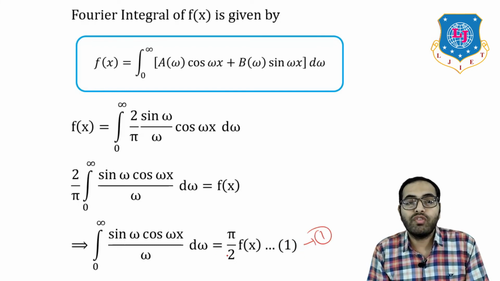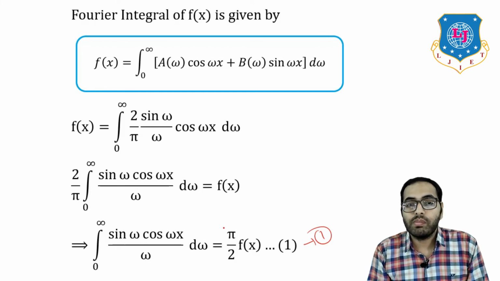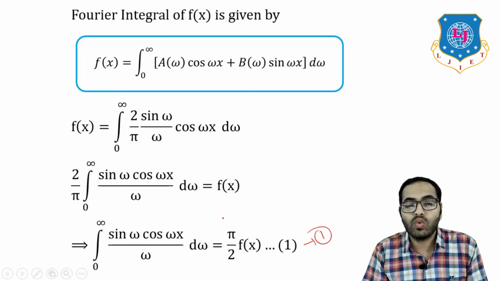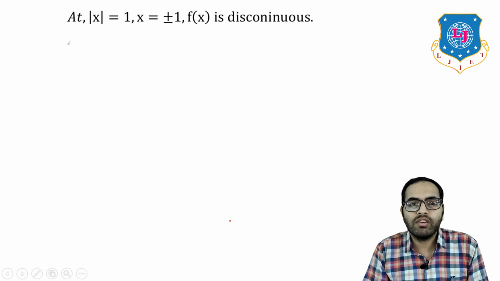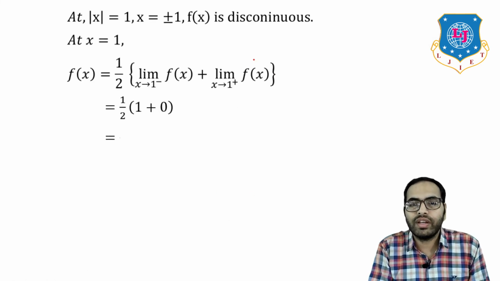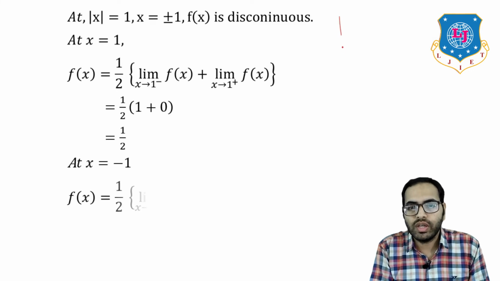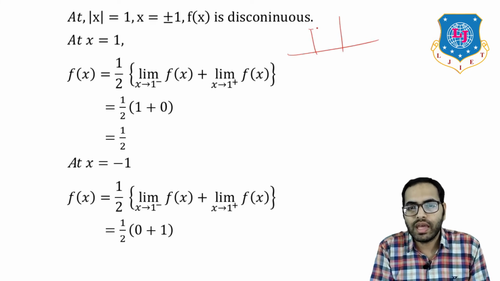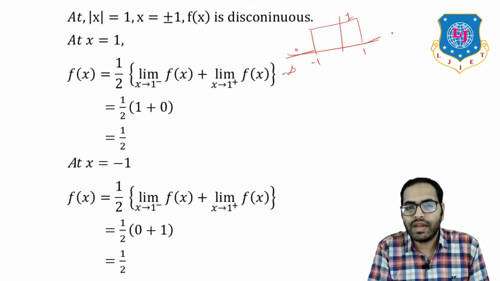Here this is our Fourier integral representation, but we are also evaluating two calculations. Let's move on to the first. In the graphical representation of the function, from minus 1 to 1 the function has value 1, and everywhere else, from minus infinity to minus 1 and from 1 to infinity, the function has value 0.